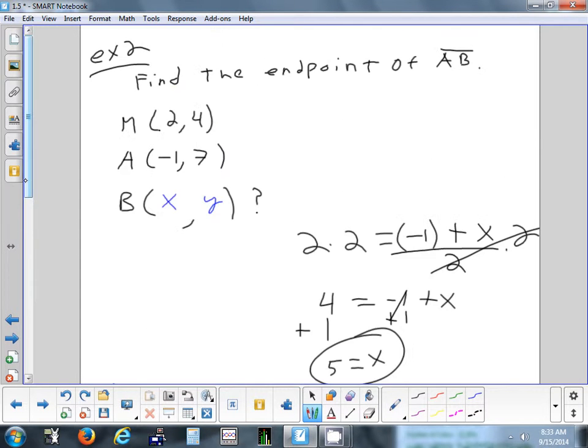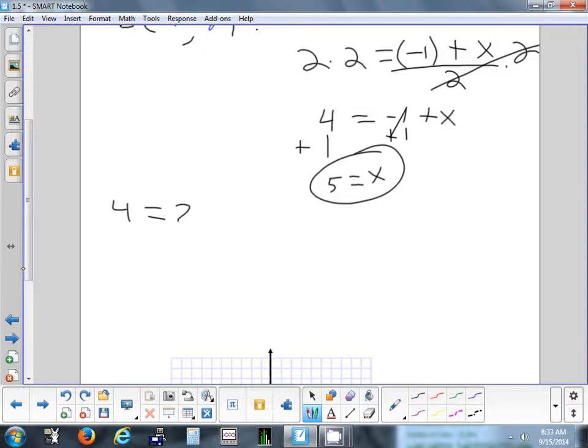Okay, I know I want my midpoint to come out to 4. 7 plus something divided by 2 has to give me 4. So we're going to get 8 equals 7 plus y. Or in this case, y equals 1.